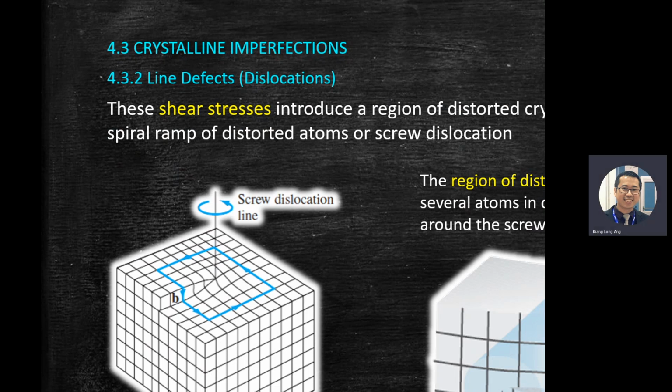So what happens if you are given an object and the force is working at a certain angle theta? Then this diagram will give you two kinds of loading, tensile and shear loading, or tensile stress and shear stress, because you can split it into two components, right?